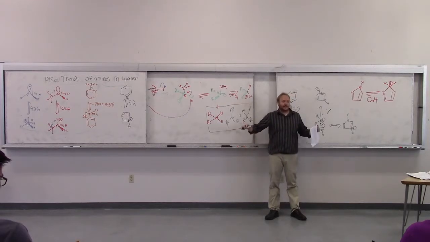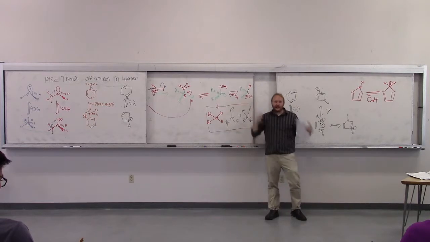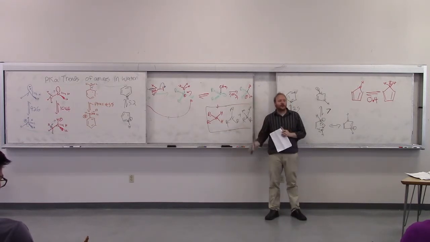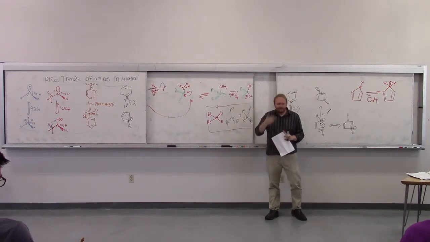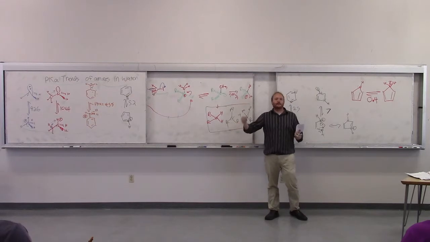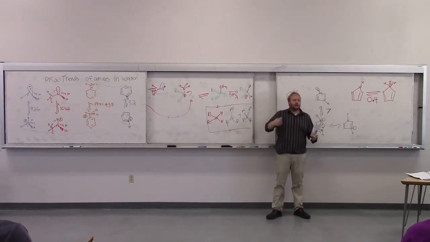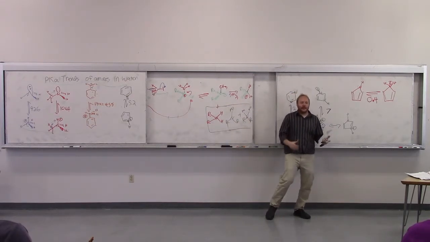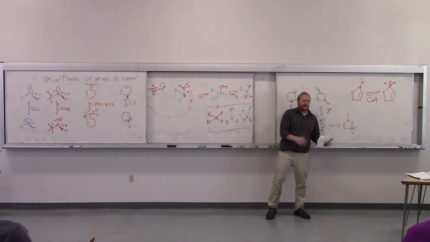The reaction's messy. You get overreaction, and that means half of your starting material doesn't react at all because it's just protonated. And by the time you might get it unprotonated, you've already used all your alkyl iodide to make your dialkylated product. So you get a mixture.